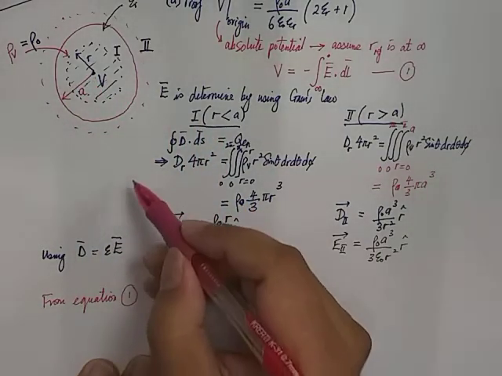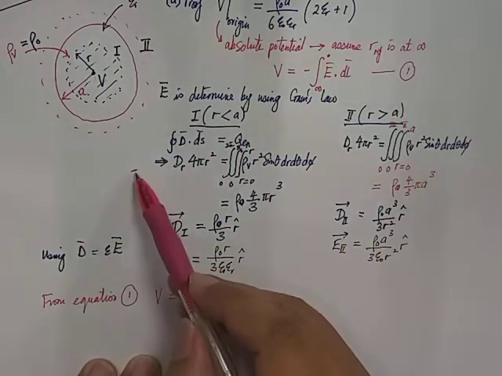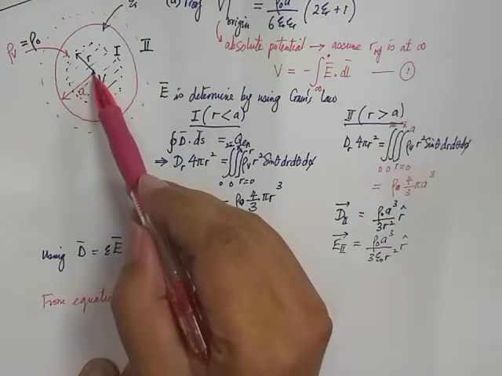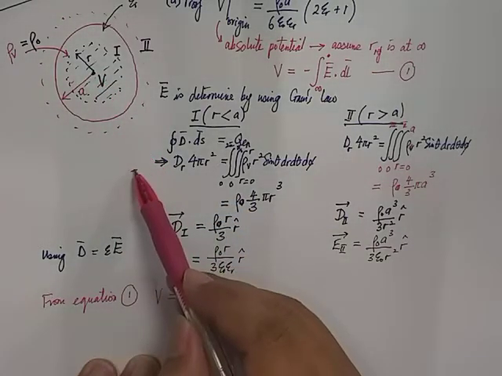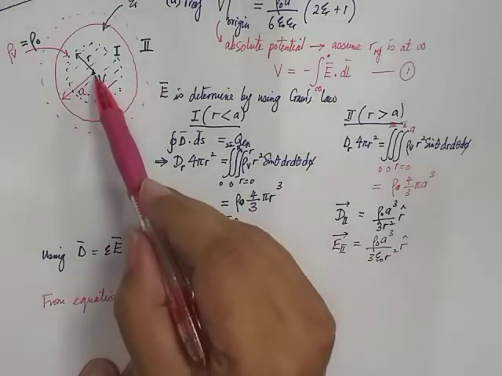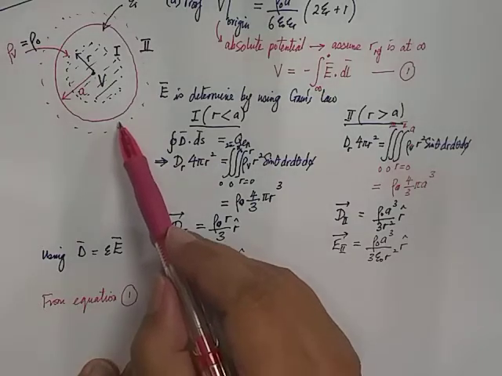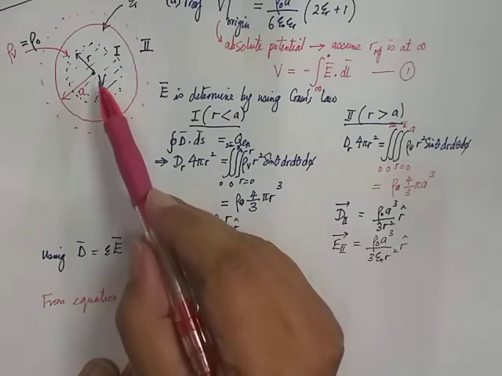My initial location is infinity. I have to move from infinity to the final destination. I can see there are two distinct regions, region number 2 of E and region number 1 of E.